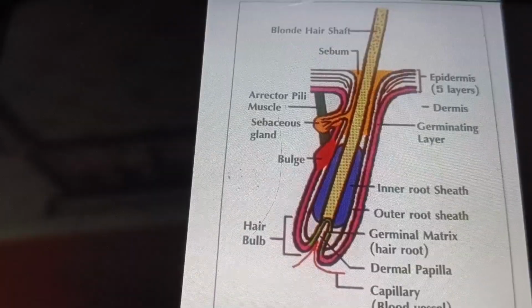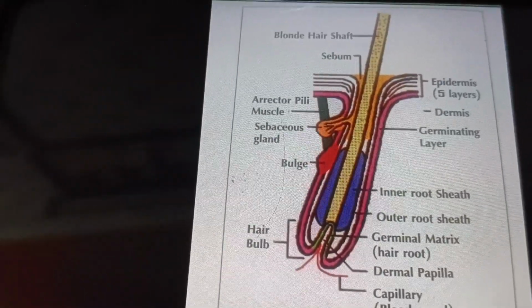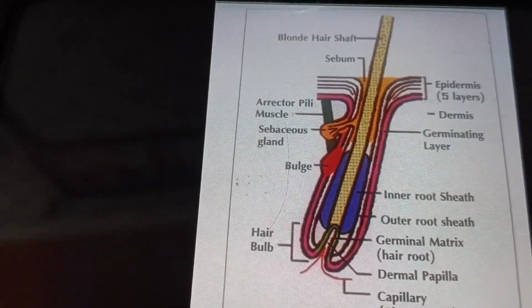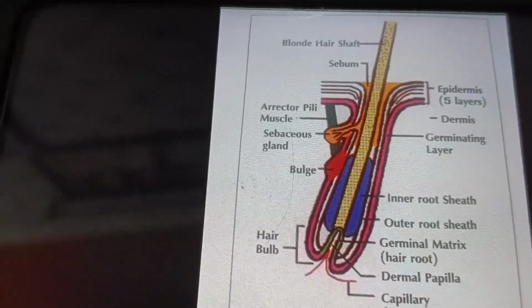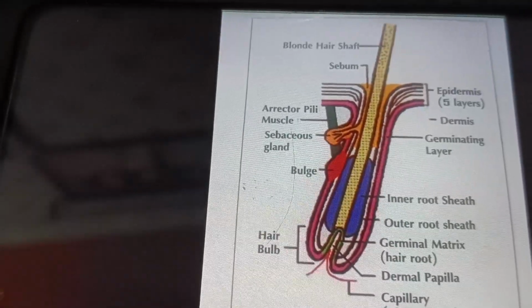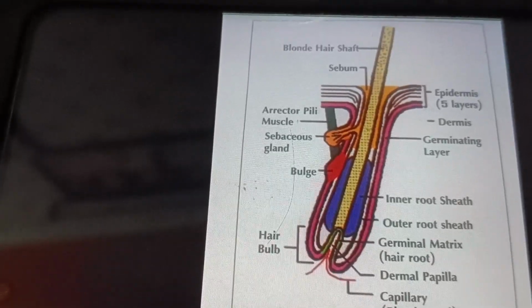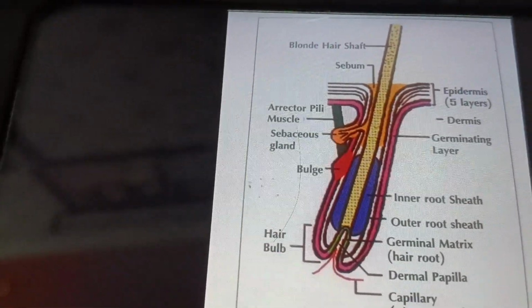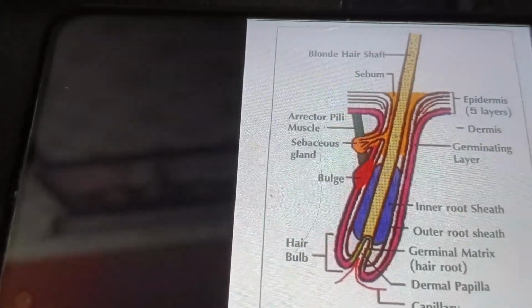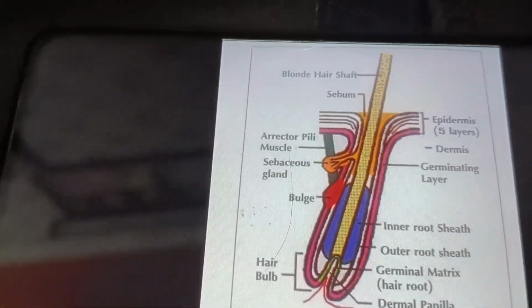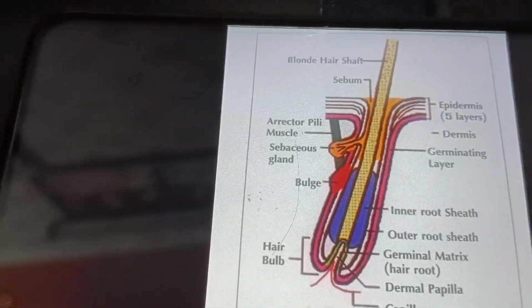Fourth is the arrector pili muscles. It is a bunch of involuntary muscle fibers inserted at the base of the hair follicle. Fear or cold causes it to contract, which makes the hair stand up straight, resulting in goosebumps.